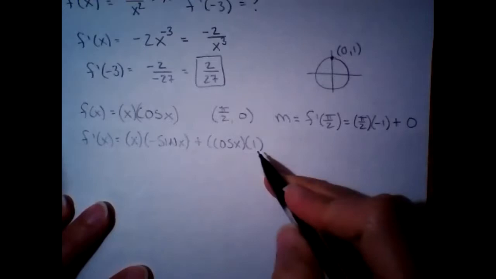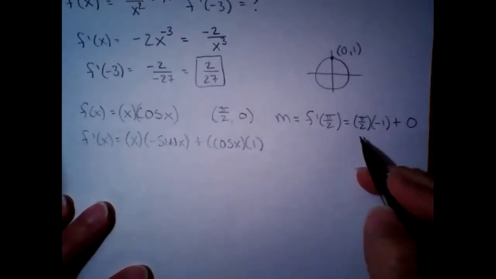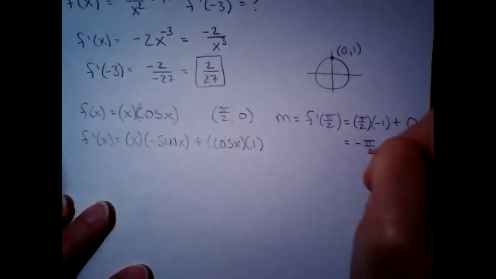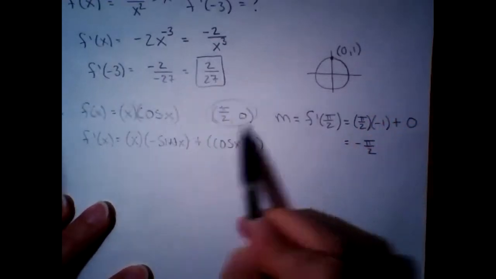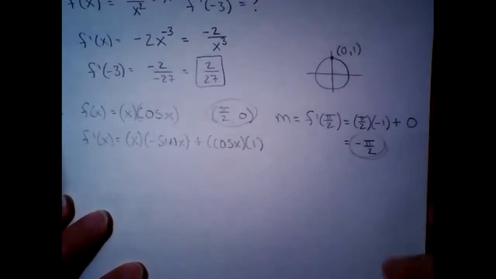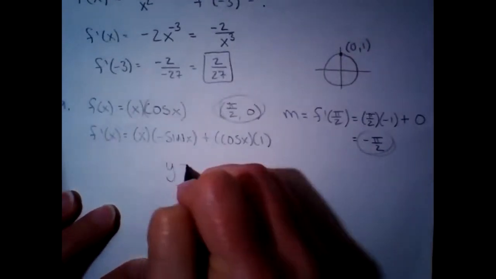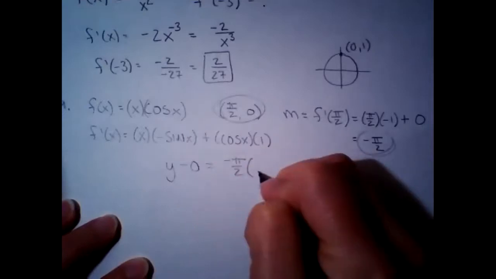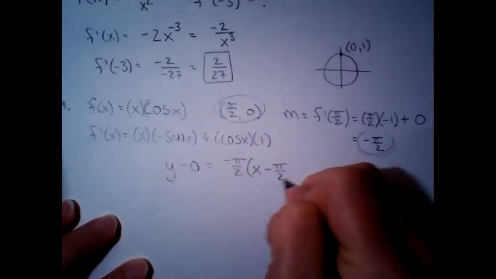And then times 1 would still be 0. So this slope is -pi/2. And so this is the point, this is the slope, and we'll just put it together into the equation. So y minus 0 equals the slope, and then x minus pi/2.